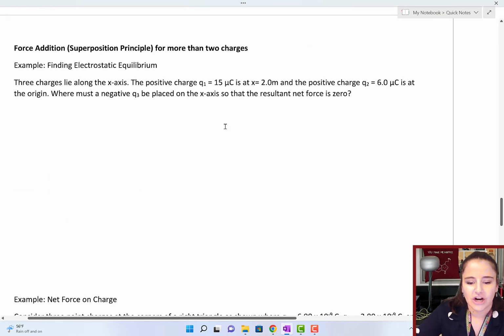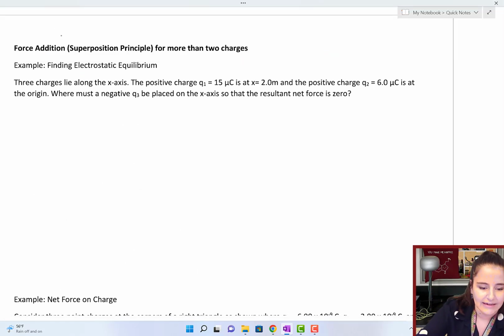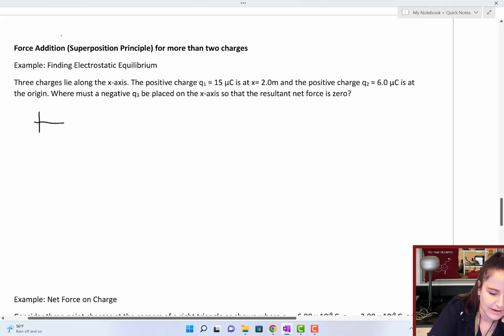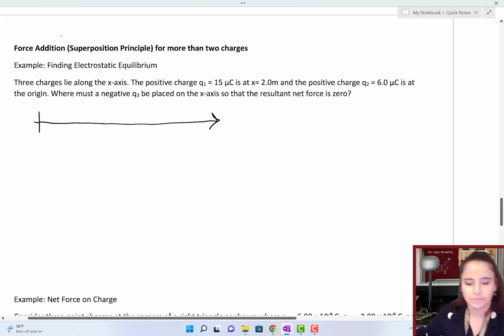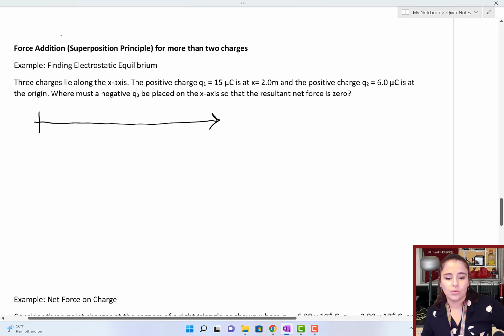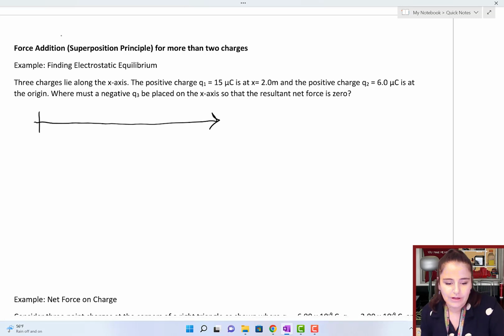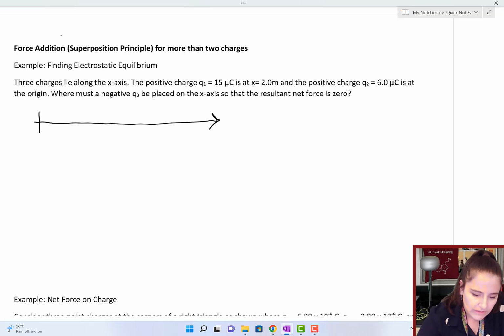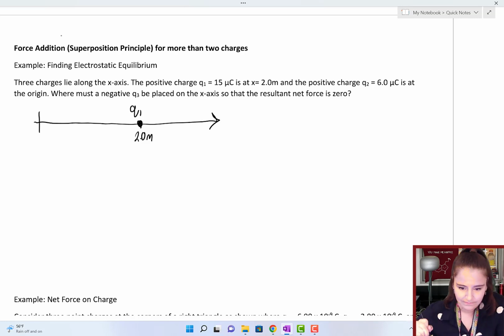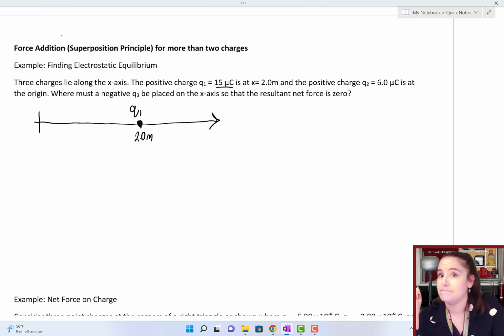We have 3 charges that lie along the x-axis. So we've got the x-axis here. The positive charge Q1 of 15 microcoulombs is at x equals 2.0 meters. Do you remember what micro is?